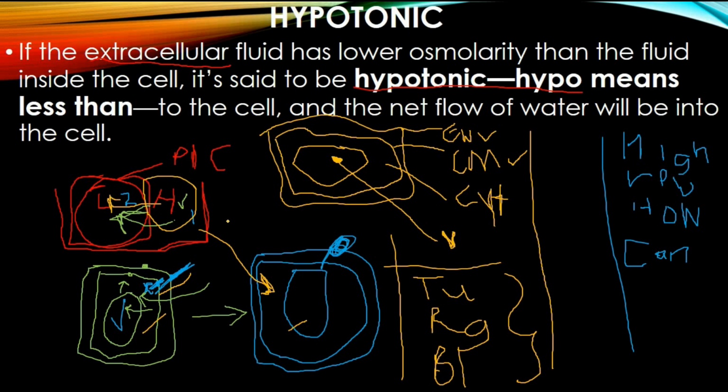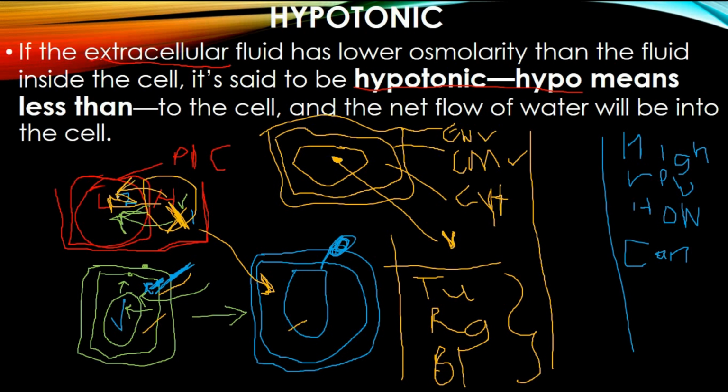So hypotonic is where water molecules move from a region of high concentration to a region of low concentration. So water is moving from outside of the Petri dish to inside of the plant cell. Stop. Is it outside of the Petri dish or inside of the Petri dish? Now we want to use the words outside of the cell to inside of the cell, right? Water is high in concentration outside here, and it's moving into the cell.